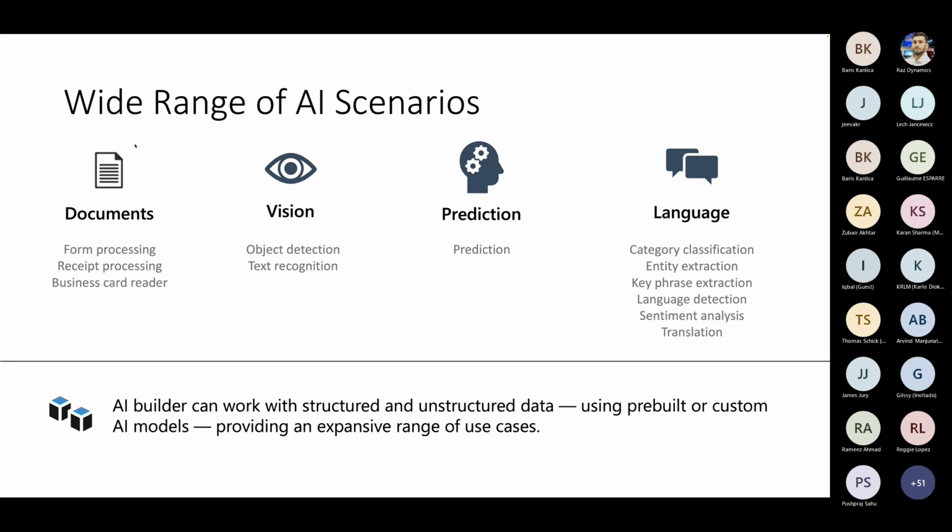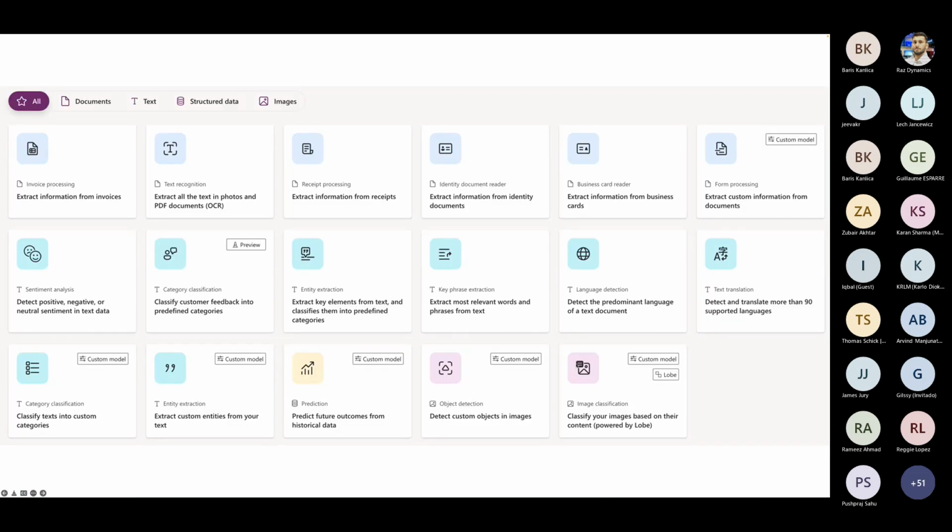We are able to deliver these AI-based scenarios with Power Platform AI Builder: document extraction, word extraction, language detection, and form processing. These are ready solutions to use for everybody who can access the Power Platform.